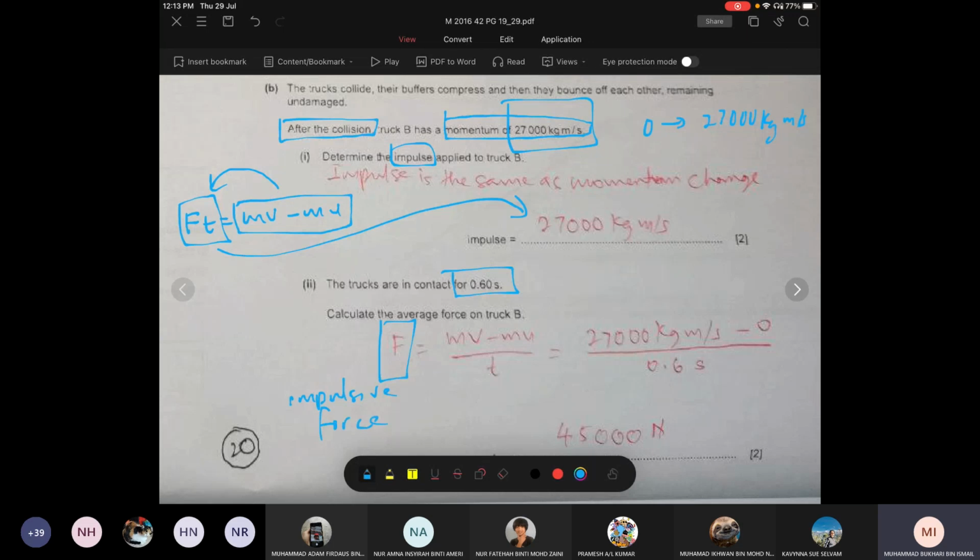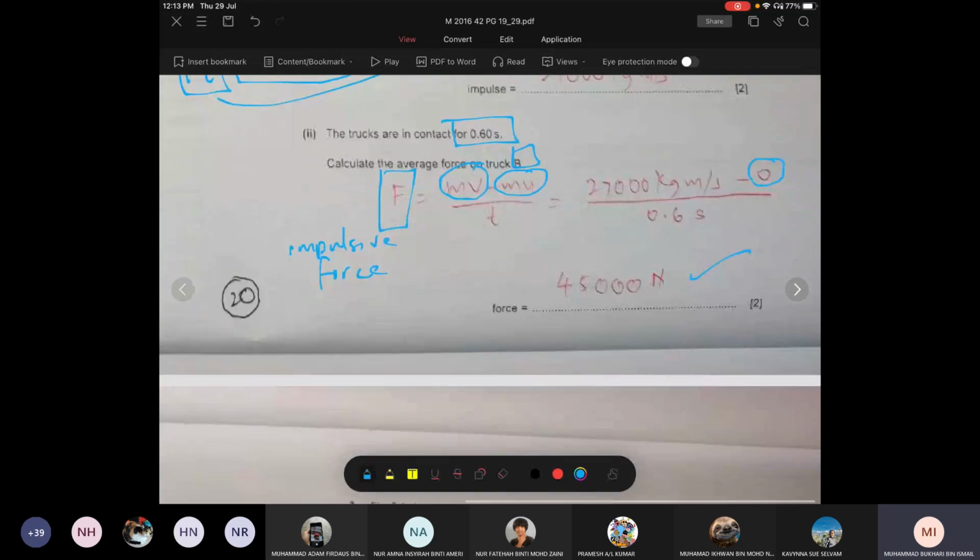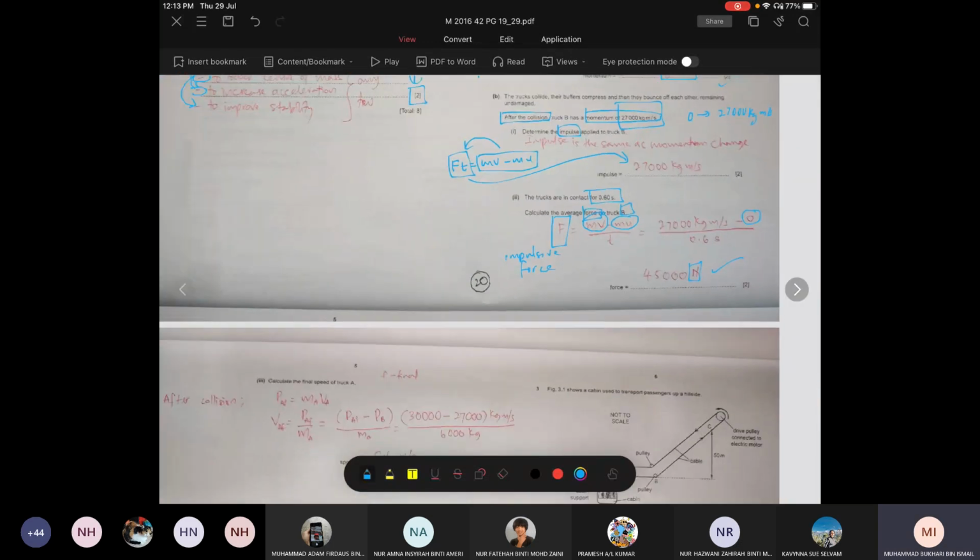The formula is mv minus mu over time. So this is 27,000 and this is 0. Remember, we are calculating for truck B. That is why we have initial momentum 0, because initially it is at rest. Then you calculate, you get 45,000 Newton. You must make sure you write the correct unit because you are calculating force, so your answer must be in Newton. Understand?